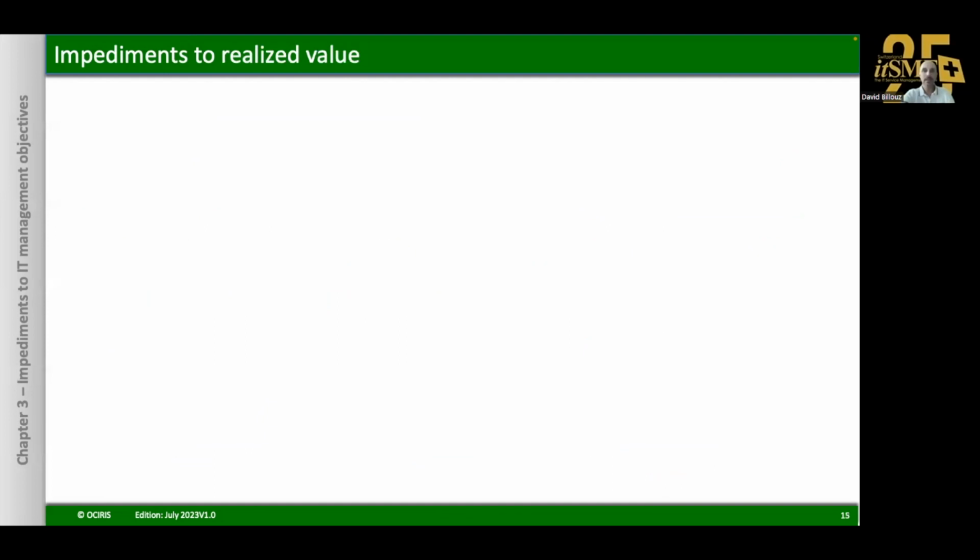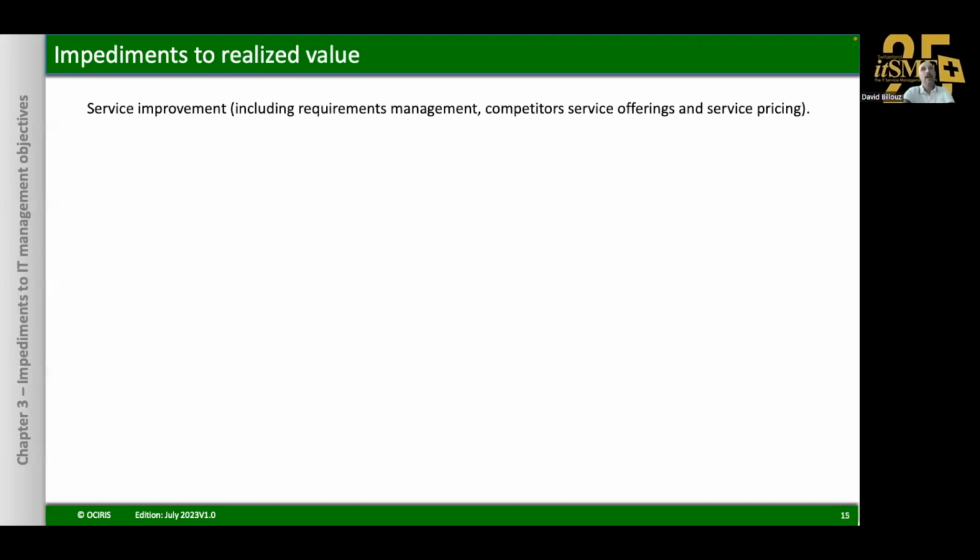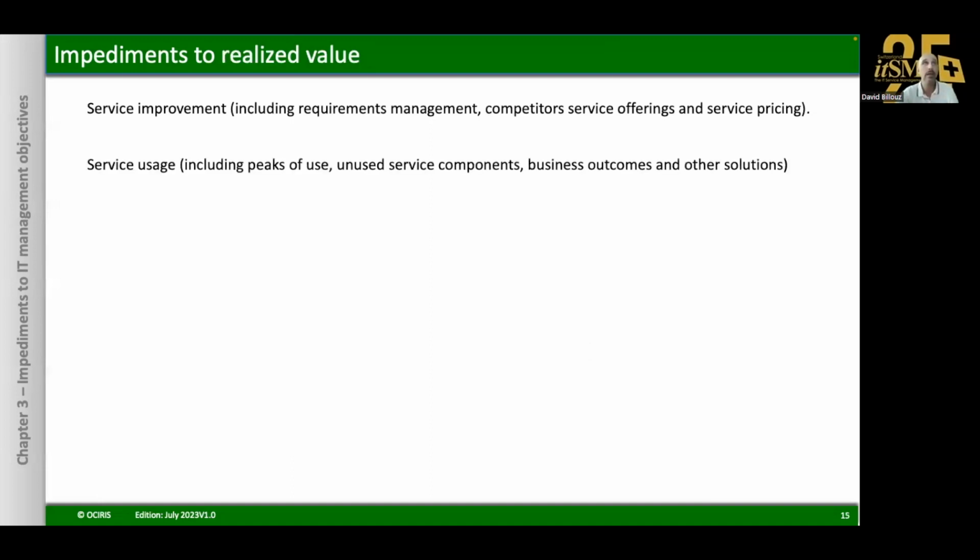And the last objective we have is realized value. We want to maximize the value from the services that are used, but this can be jeopardized by different impediments. First, service improvement. Yes, because when you keep improving your service, it means you keep changing it, which can have a direct impact on the value realized.